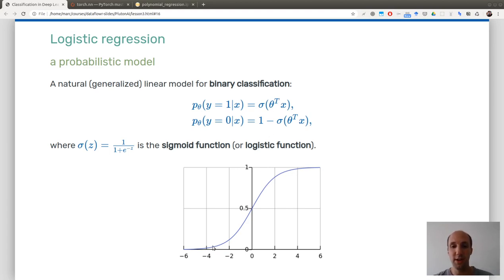This is done here with the logistic function, which is also sometimes called the sigmoid function, which maps the real numbers to the interval (0, 1). So this quantity will now be between 0 and 1, so it can be interpreted as a probability. And of course, since you have only two labels, the probability of y being 0 when you see image x is just 1 minus this quantity.